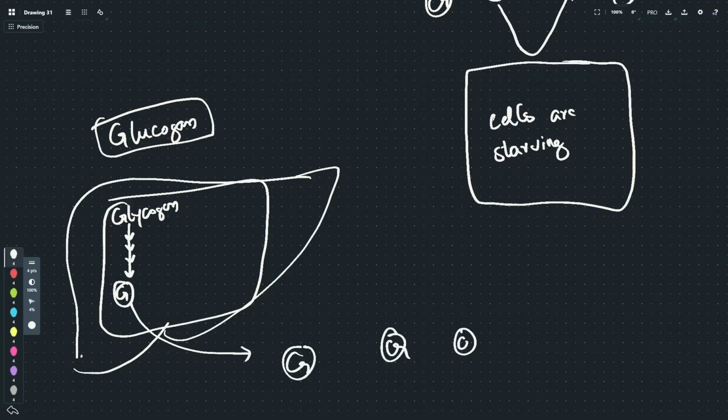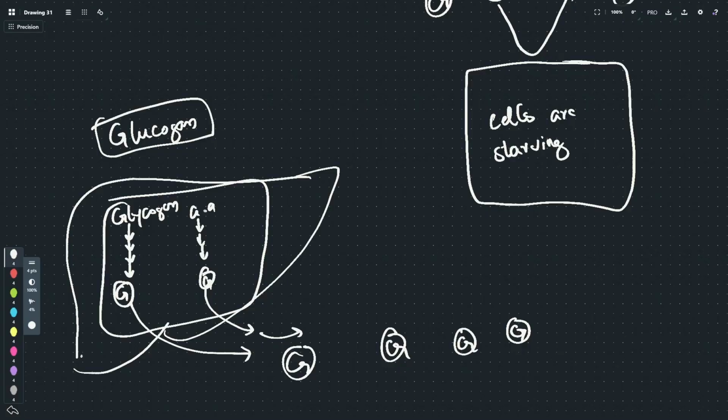So blood glucose level, already high, will rise more. That is glycogenolysis. The other thing is that it will create glucose from non-carbohydrate sources. For example, it can break down proteins to amino acids, and from amino acids it can form glucose. This is called gluconeogenesis.